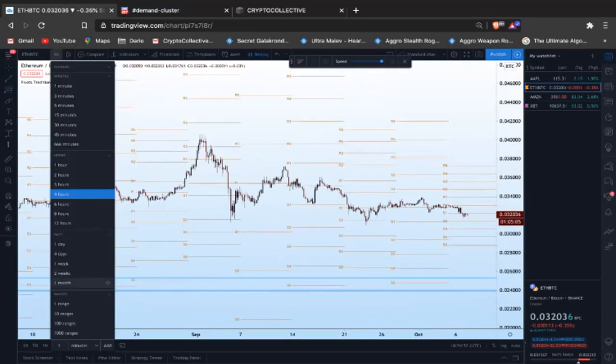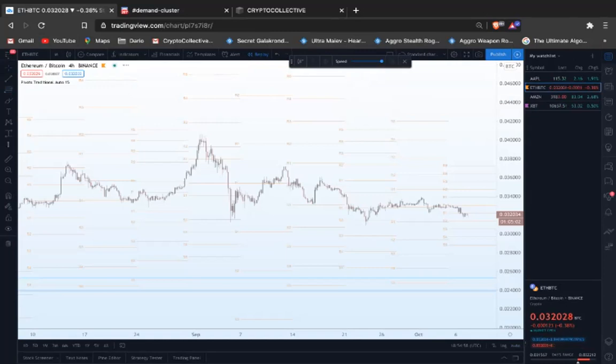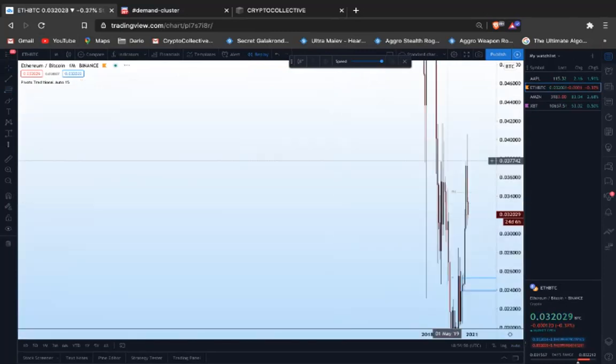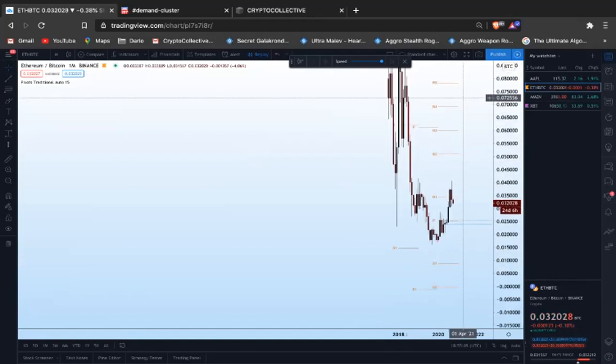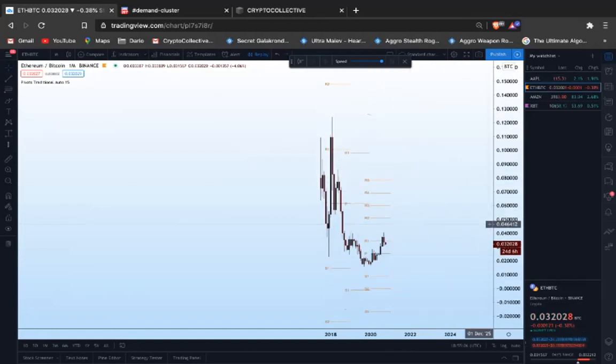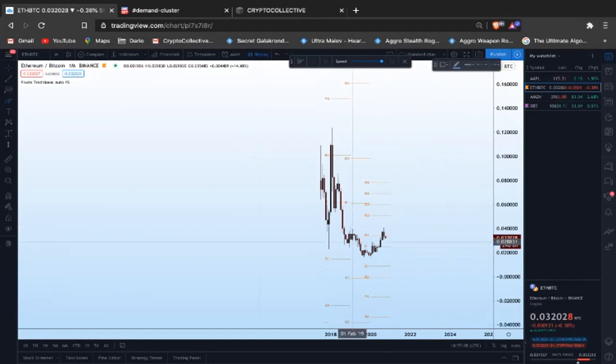Now, the main thing is when you're on the higher time frames, they're obviously more important. And the type, how big the move is from the area. Like, we can see that Ethereum here had a bit of a down move from here, which is a supply zone cluster, but it's not going to be as strong, in my opinion, as this one here. It's this huge move.